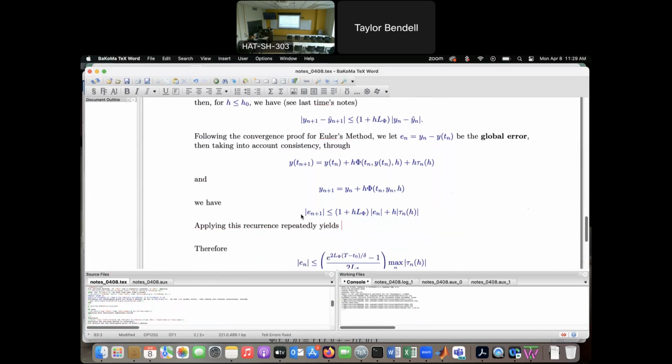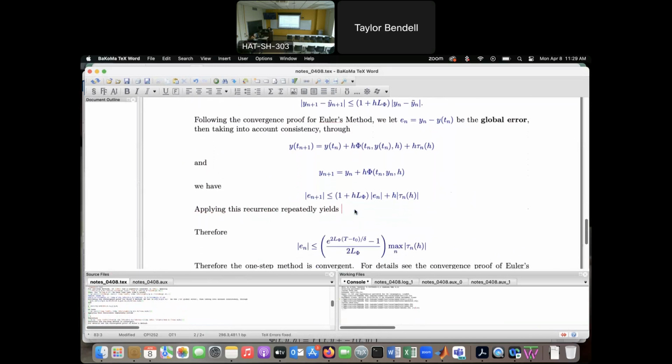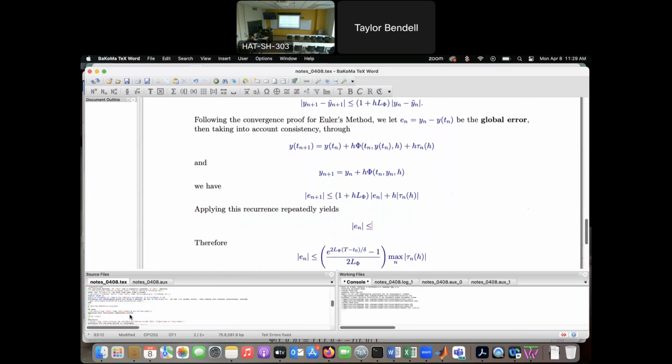From applying this repeatedly, what I get is En is less than or equal to 1 plus HL phi to the N times E naught, but E naught is 0, that's the error in the initial data.